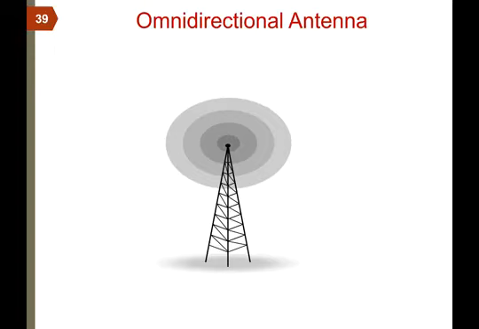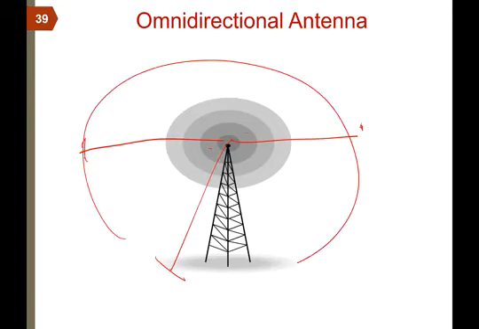We have different sorts of antennas for radio signals. We have omnidirectional. The meaning of omnidirectional is that the propagation pattern is symmetrical around the antenna. So if the distance is the same, you receive the same amount of signal anywhere in the same circle around the center.